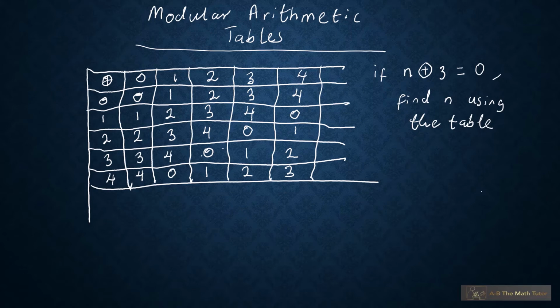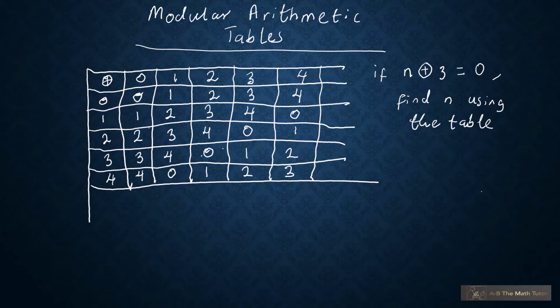And this question is very simple. What this question is trying to pose is, we are trying to find a number which, when added to 3, will yield a final value of 0 on the table.